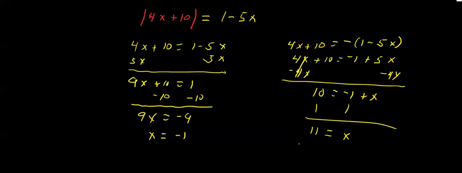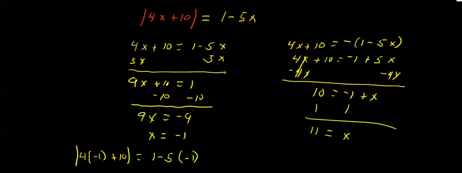All right, I have two answers. So now what we have to do is check our answers. If I take this answer, absolute value of 4 times -1 plus 10, that's a positive number, equals 1 minus 5 times -1.